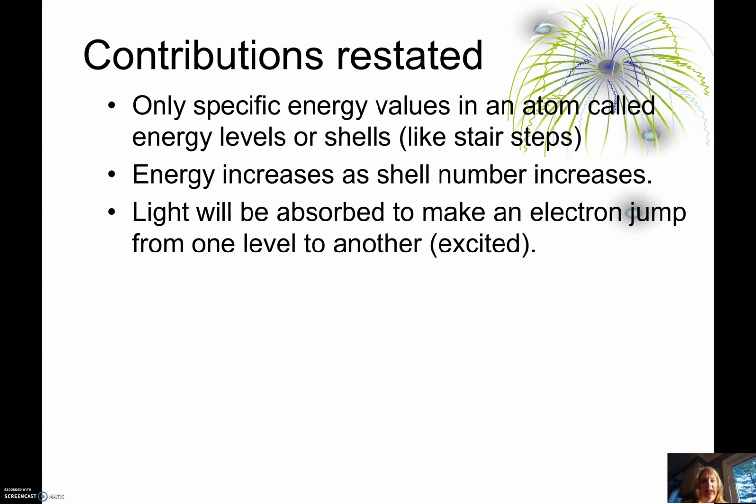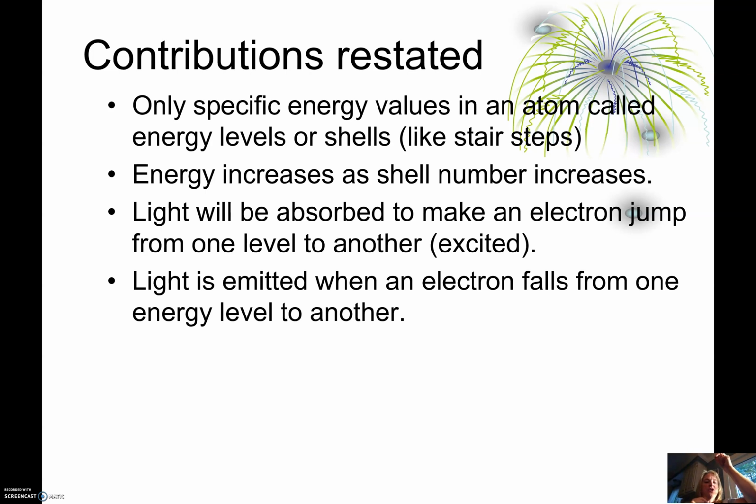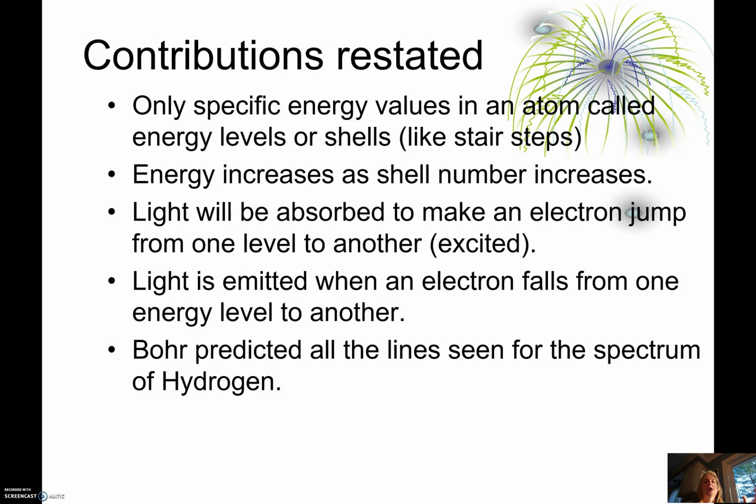That's called an excited state. But eventually, you can't stay at a high energy state forever, right? If you were a runner, you can't run forever. Eventually, you have to stop. So when that happens, the energy has to be re-released. And when it gets released, it actually is emitted as a photon. So that color that we see is due to this energy being released as electrons fall back into their ground state.